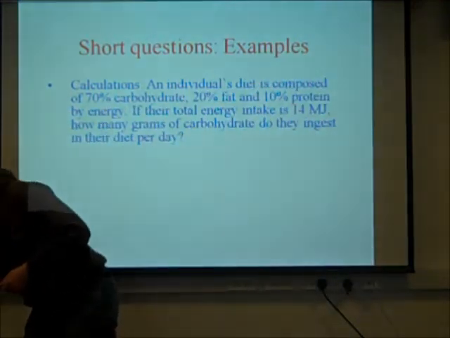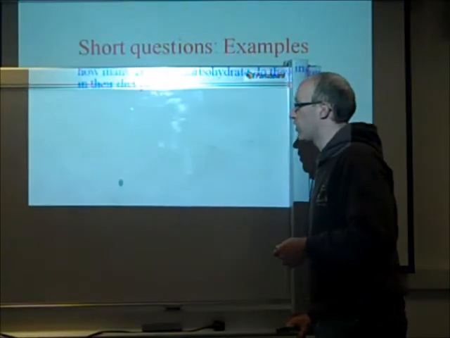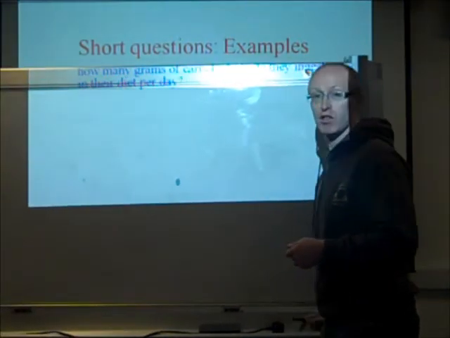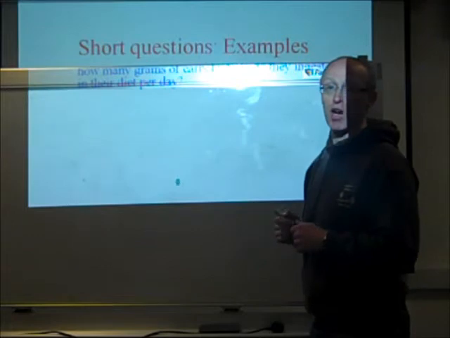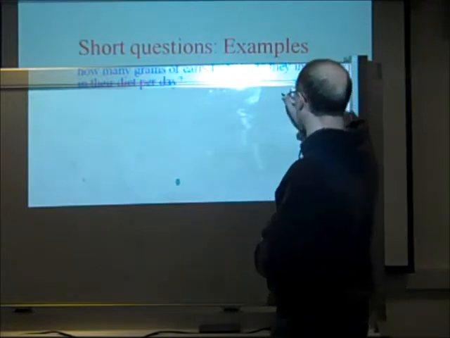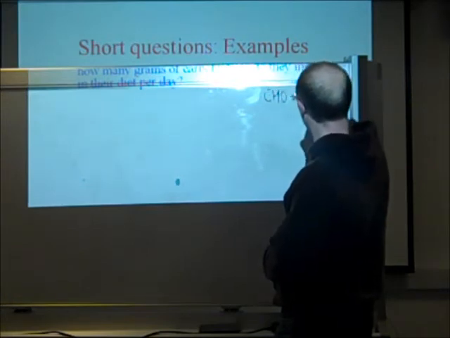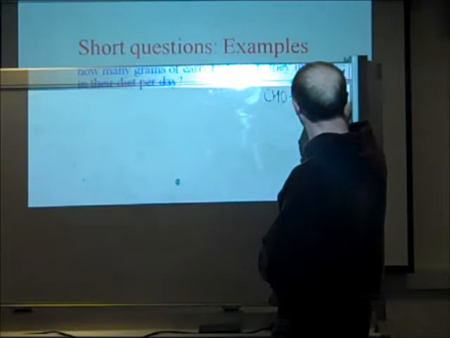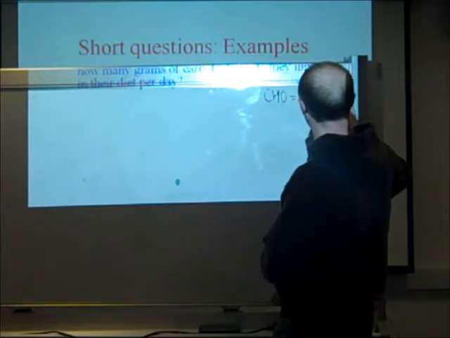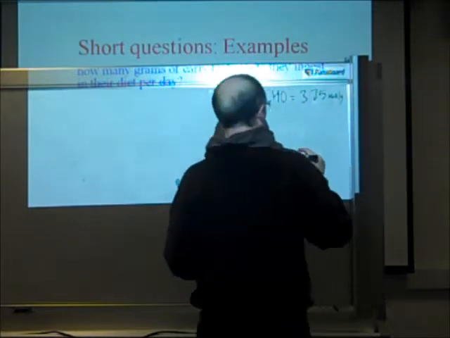Okay, so one thing we need to know is how many calories there are in a gram of carbs, a gram of protein, and a gram of fat. For carbs, it's about 3.75 calories per gram.